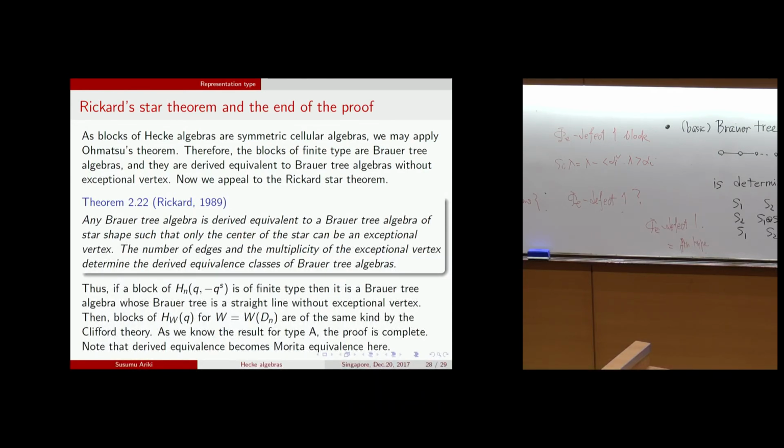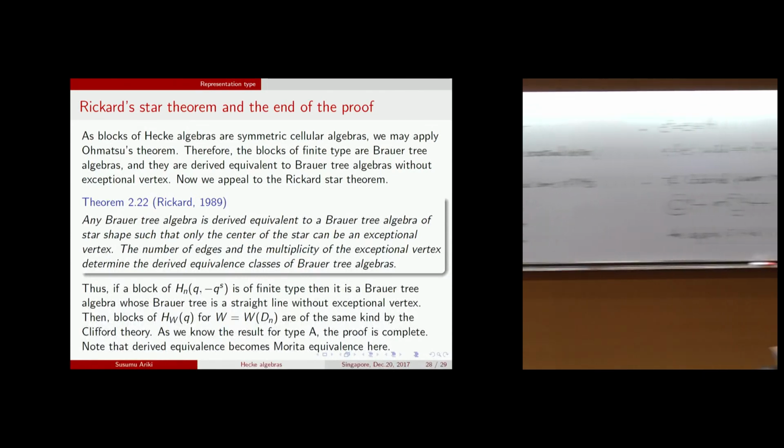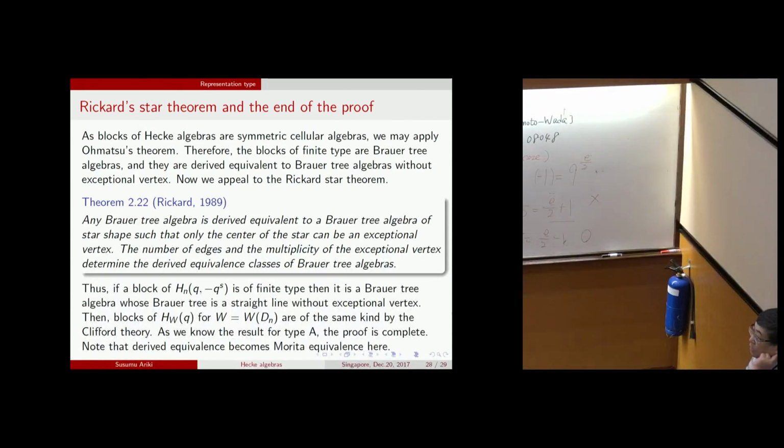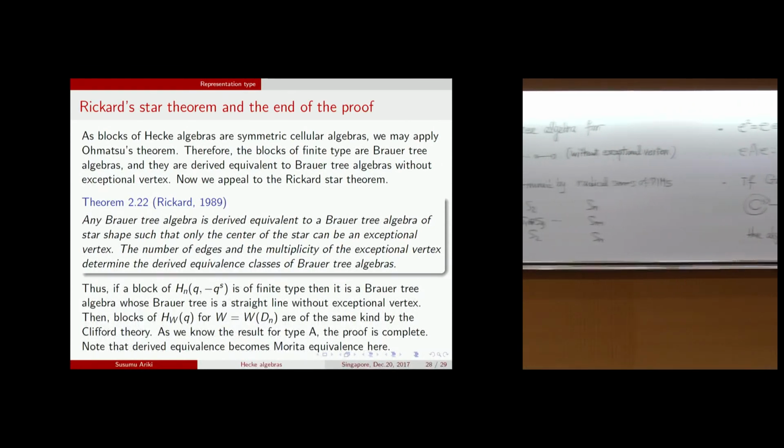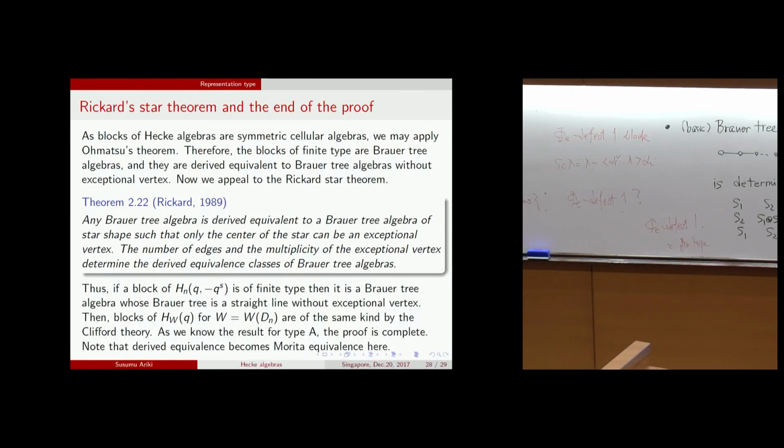So the proof is complete, and here I would like to make a remark that here we use derived equivalence, but at the end finite types are Morita equivalent, right? Only the number of simples determines the algebra.